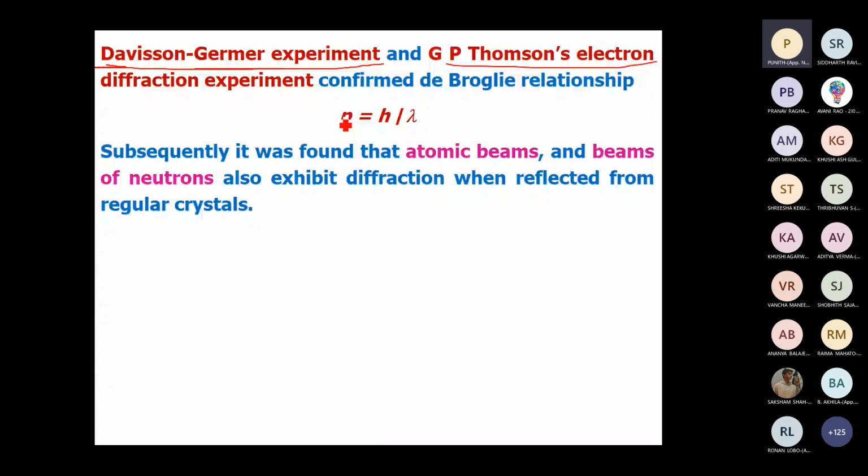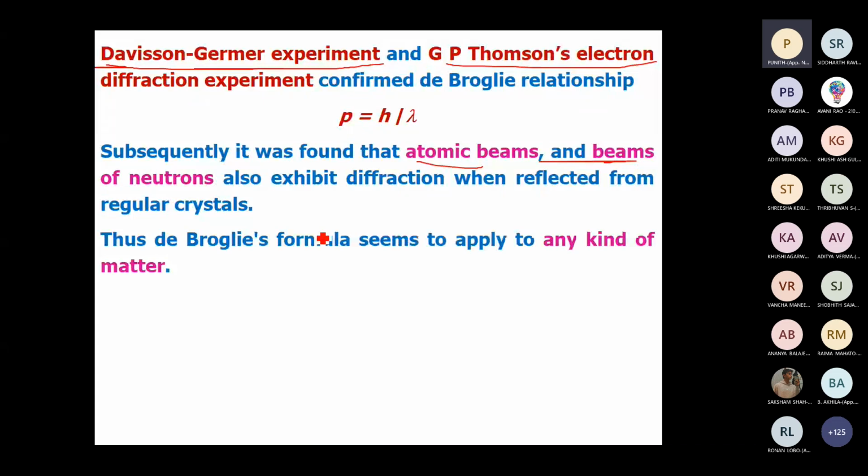Thus, the de Broglie formula can be applied to any kind of matter. Now, the dual nature of matter and radiation is an accepted fact, and it is stated in the principle of complementarity that wave and particle properties of either matter or radiation complement each other.